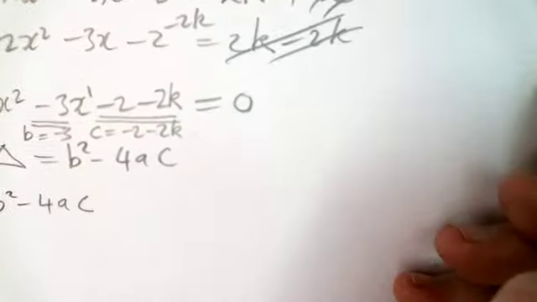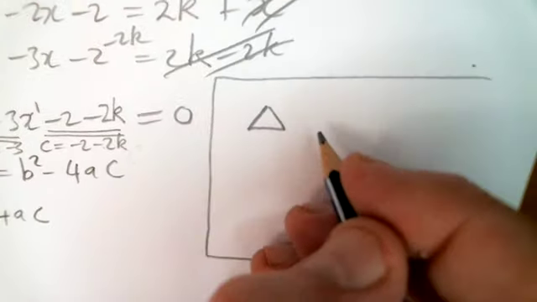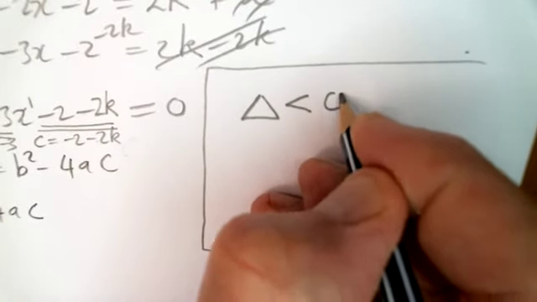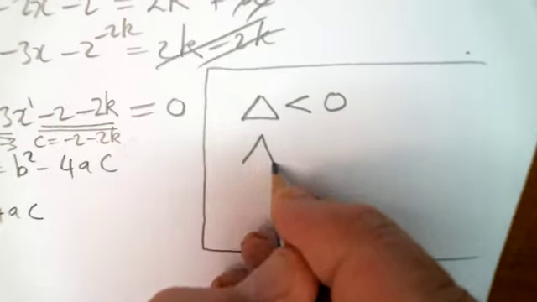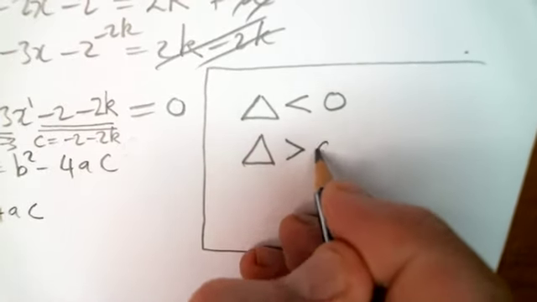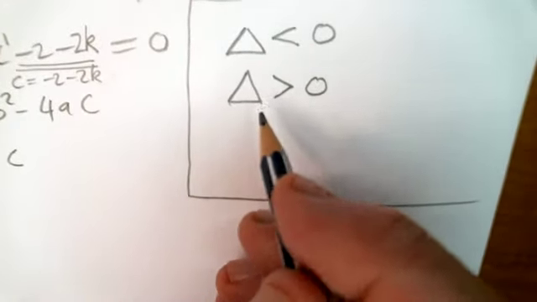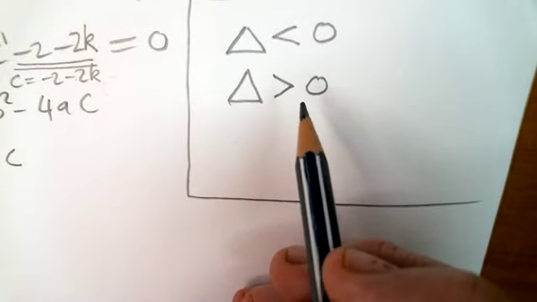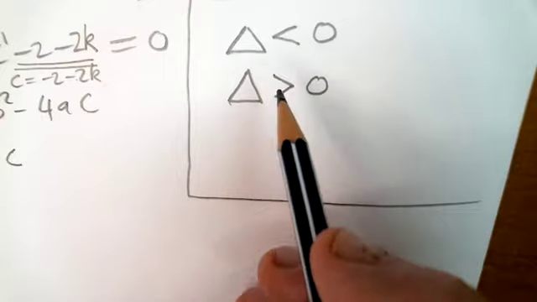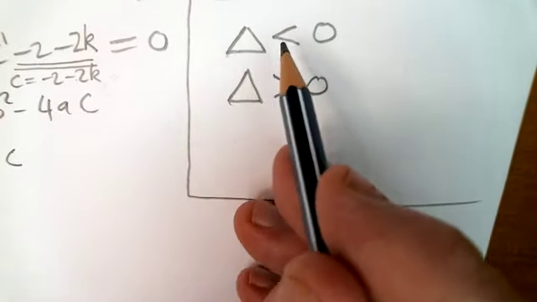Now, just as a sidebar here, if the equation is going to intersect at no points, then the discriminant will be less than 0.